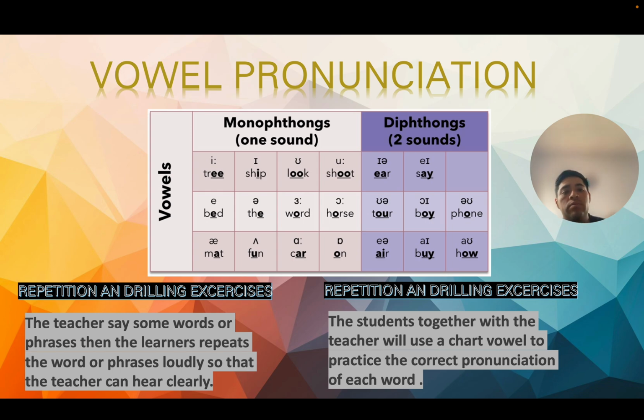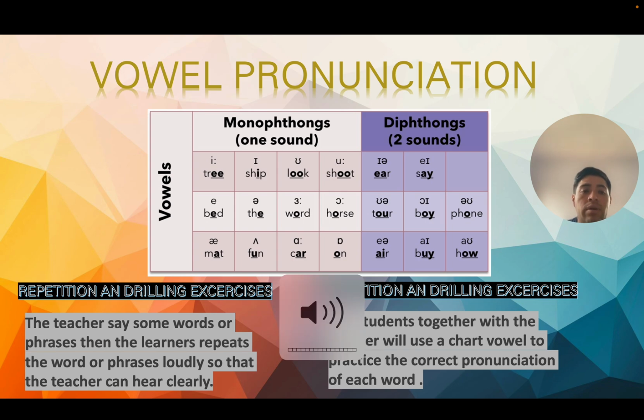We have vowels, some examples of these vowels that are monophthongs and diphthongs. Monophthongs means that it has just one sound. In this case, we're going to read like 2 or 3 examples. Monophthongs, we're going to use the letter E, in this case the word is tree. The letter E, sheep.